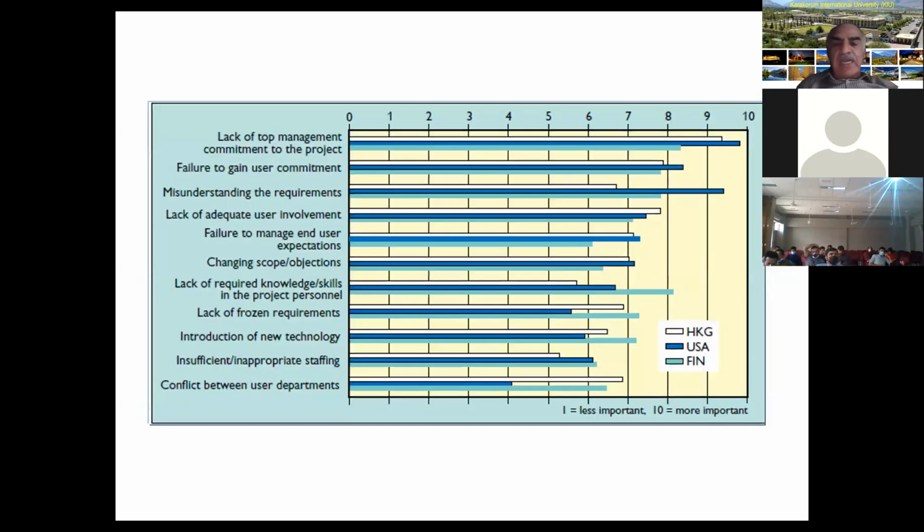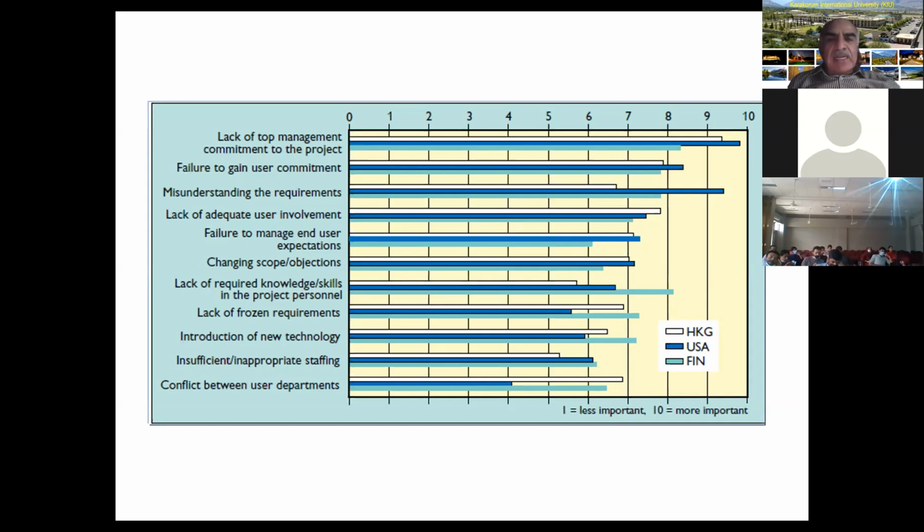We try to identify the 10 or 11 highly ranked factors. And in this graph you see, for example, this is just showing you the attitude of the response of the top 3 panels from Hong Kong, United States and Finland, and you would see that 0 means not important, and if you go to 10, 10 is the highest importance.